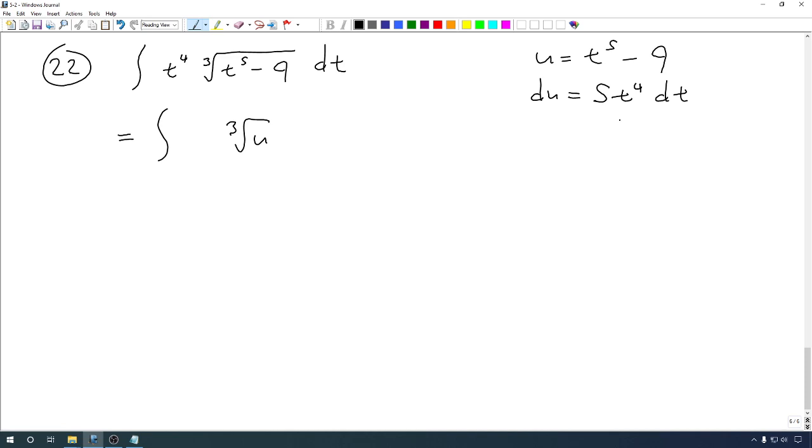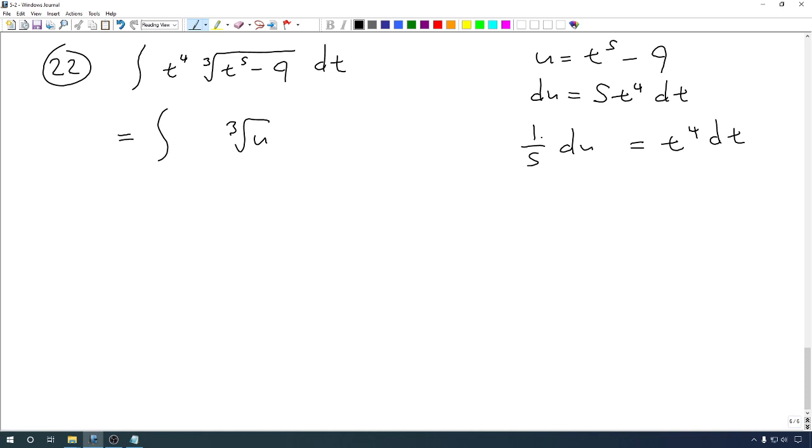Well, it turns out that when we have a constant like that, it's not a big deal. What we can do is just do some algebra over here with our differential. Essentially, if I divide this equation by 5, I have that 1/5 of du is equal to t to the 4th dt. I can replace the t to the 4th times dt with a 1/5 du.